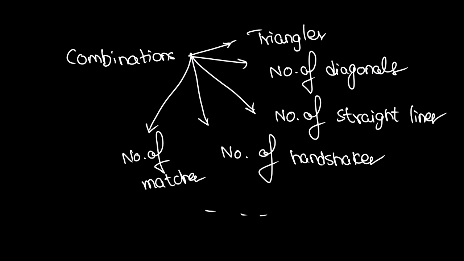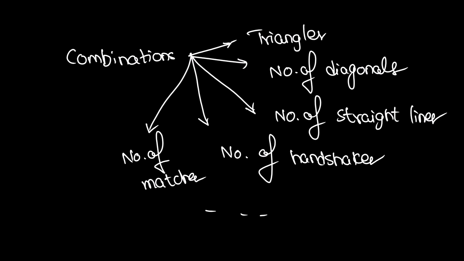But before that, I just want to trigger your minds on how we got the nPr formula and nCr formula, which you people know from long back. I just want to develop how we got it, but I don't want to use it anywhere going forward. It is just for your idea of how the formula developed.